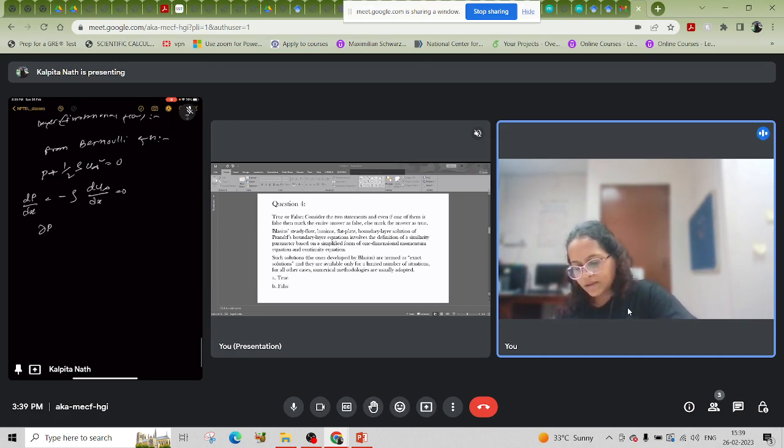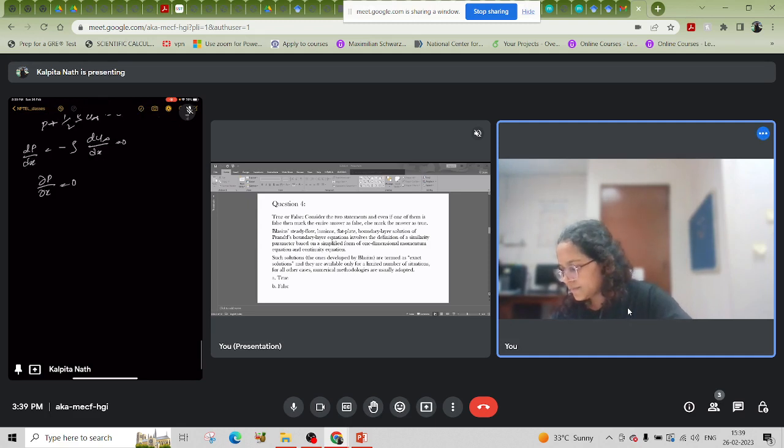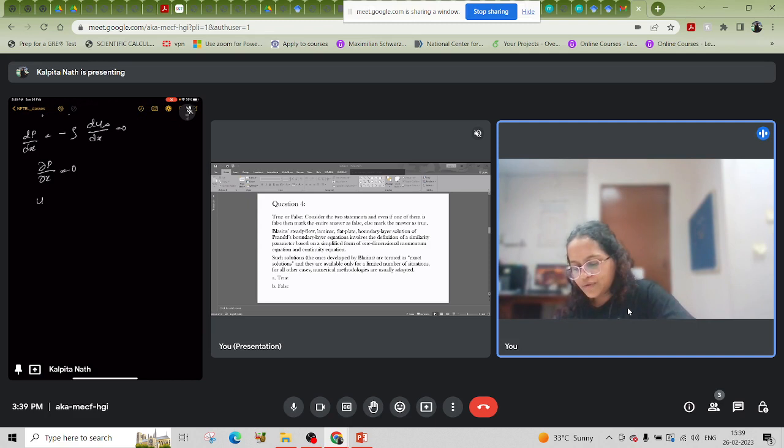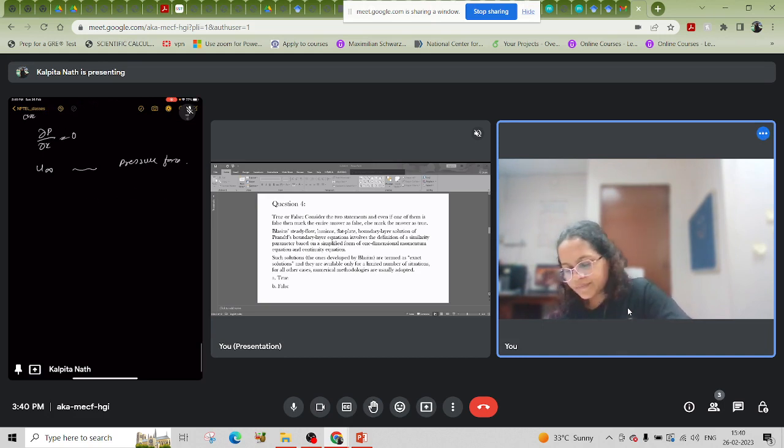That means del P/del x is equal to 0. Due to change in u infinity, there will be no change in pressure force. That is del P/del x is equal to 0.